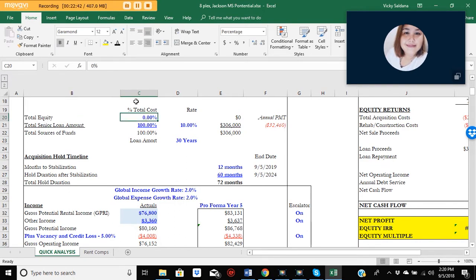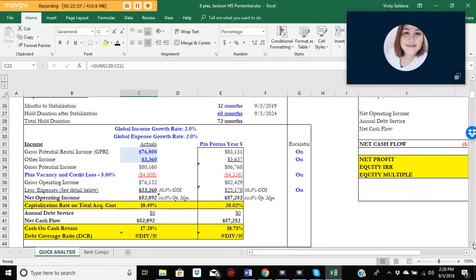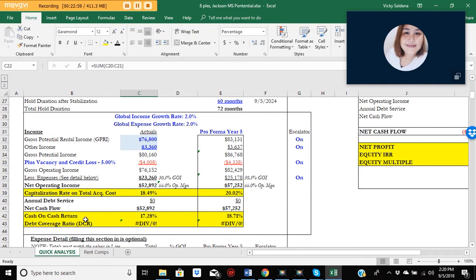So if you're putting in 100%, it would go here, 100%. There's no loans because you're paying cash. So you can see your monthly payment is 0 for the loan because there is no loan. And now it will calculate your cash on cash, cap rate, 17.28. That is a great number, really good number.